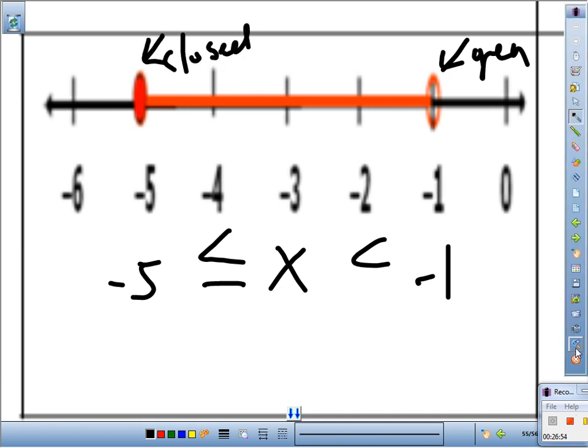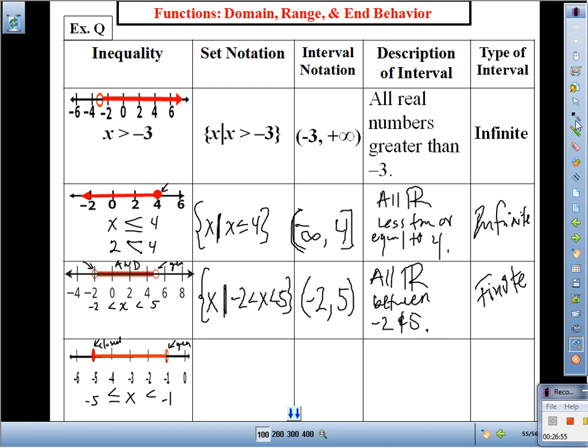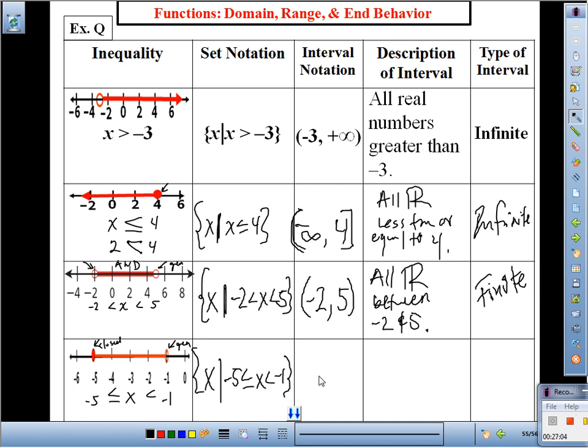Okay. Let me zoom out. Solution set of x such that -5 less than or equal to x less than -1. Interval notation, let's see. Bracket, -5, comma, -1 parentheses. Hands if you got that. Okay, good. And what does it mean?